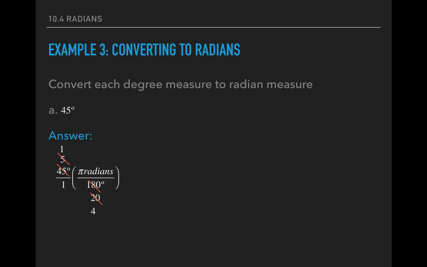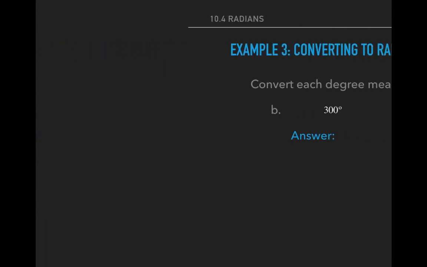So what do we have on top? We have pi, and in the bottom we have 4. And we actually kind of went through this earlier. 45 degrees, half of 90, is half of pi over 2, which is pi over 4. So fantastic. Let's keep going.